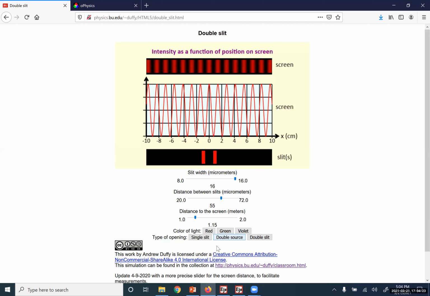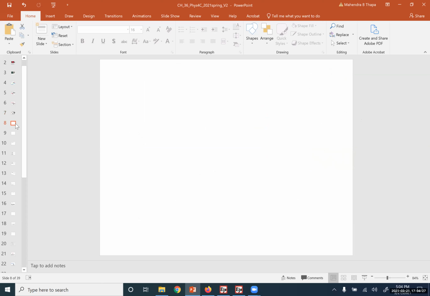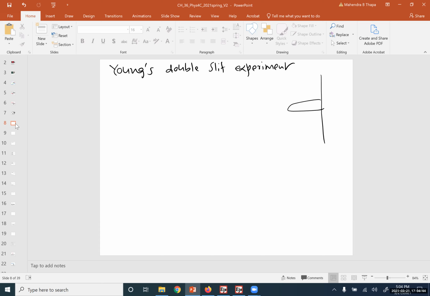Okay, let's check when we did a similar thing in the experiment. If you remember the Young's double slit experiment, the intensity of each brightness will be the same.